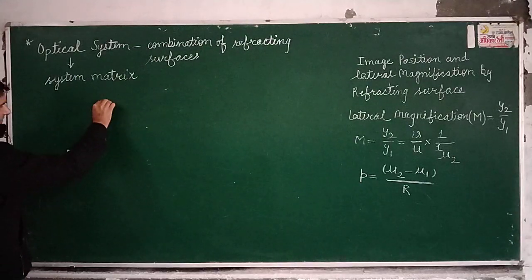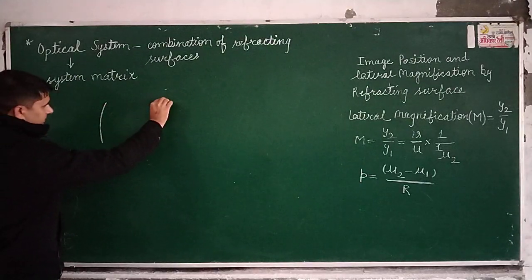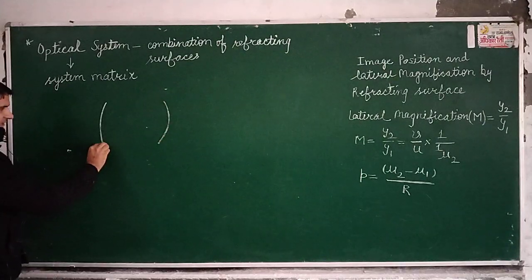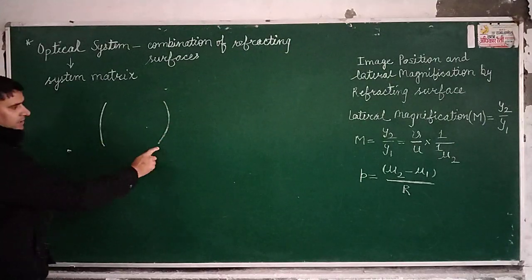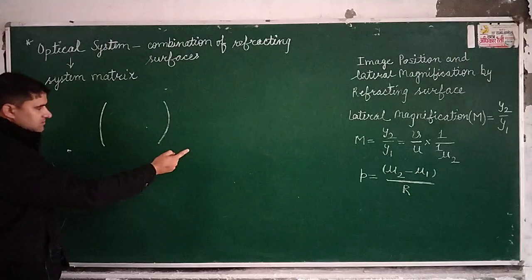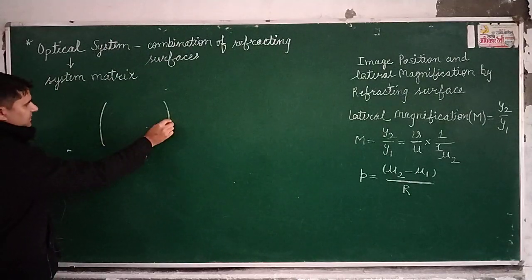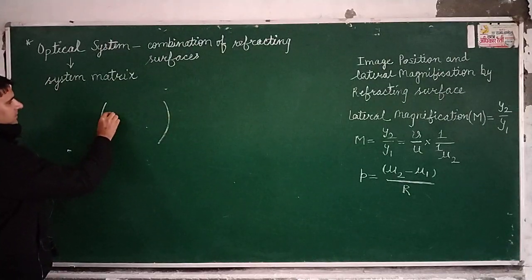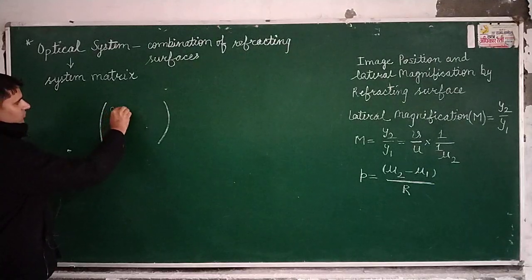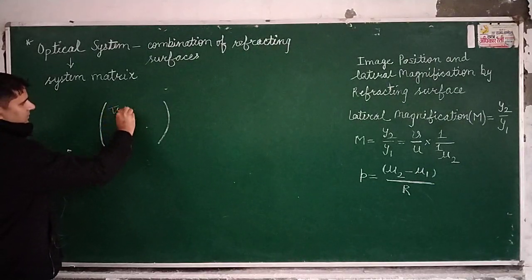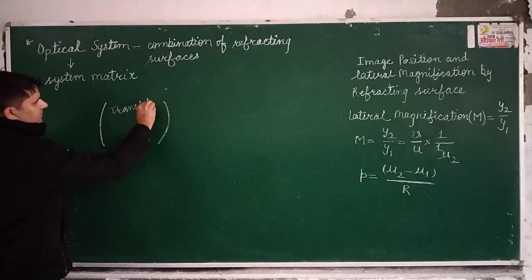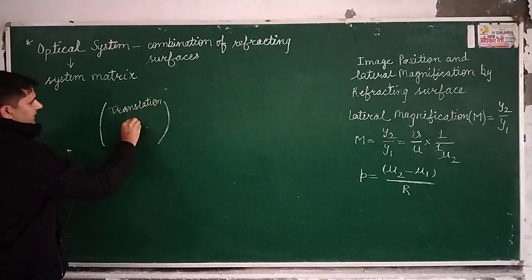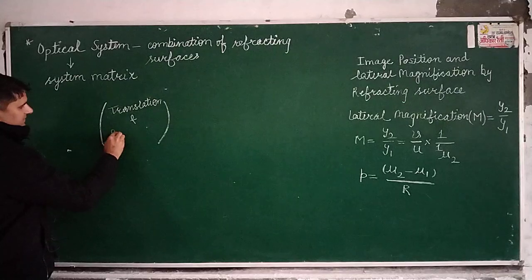Suppose I make a diagram, and this is the first refracting surface of the optical system, and this one is the last refracting surface. In between this space there will be propagation of light, or you can say there will be translation and refraction.